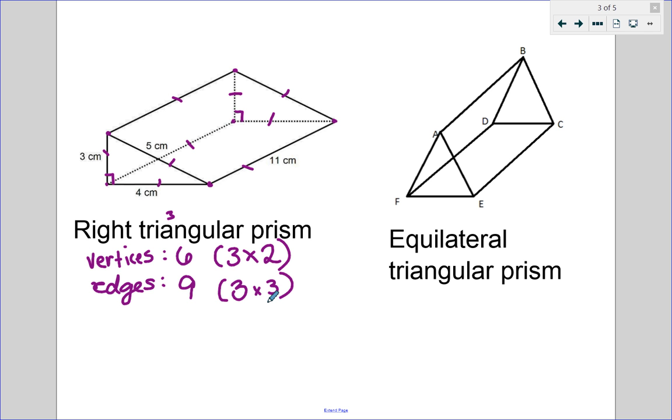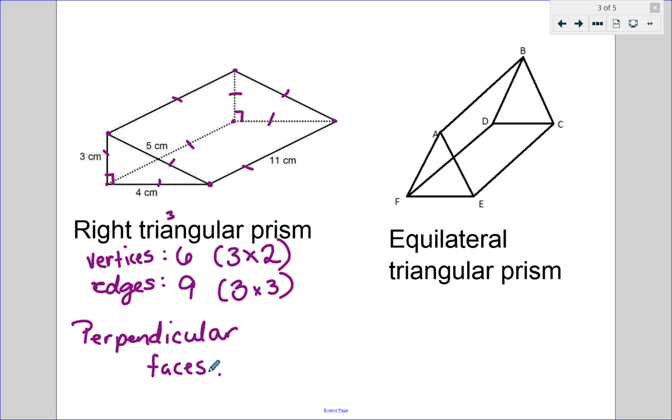These prisms have a pattern. Same thing with our equilateral triangular prism. With the right triangle, though, this has perpendicular faces right here. Okay? They have perpendicular faces.